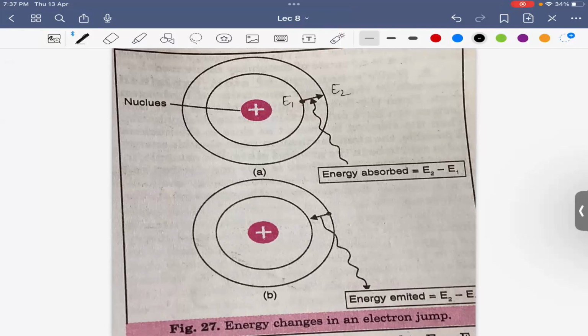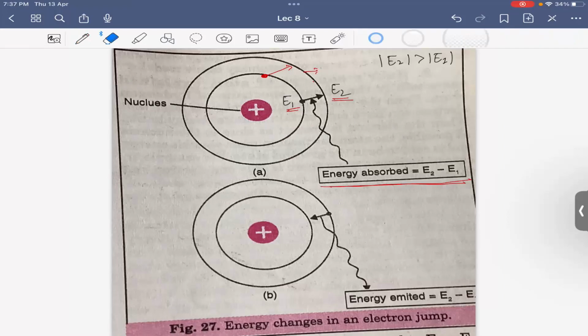Clearly E2 is at a higher energy level than E1. Whenever the electron goes from this orbit to this orbit, it has to absorb energy, and the energy absorbed will be E2 minus E1, right? And this state would be called an excited state, because this is the original state.